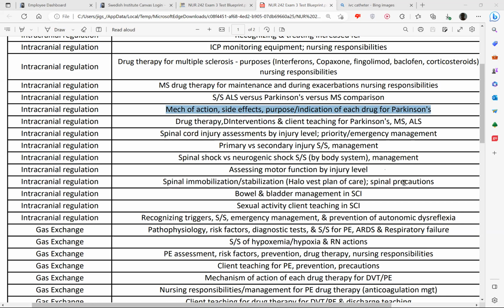Then ropinirole, the one for restless legs, amantadine, the antiviral, and was apomorphine included? Oh yeah, MAOIs. Okay.